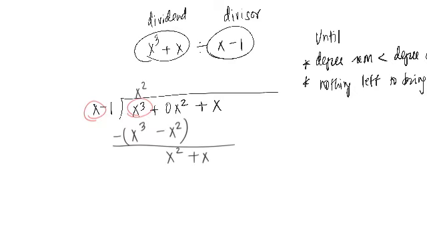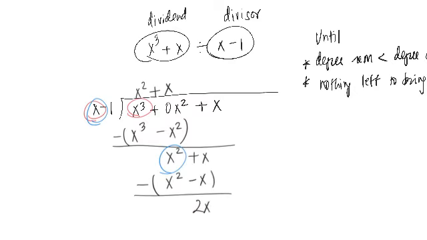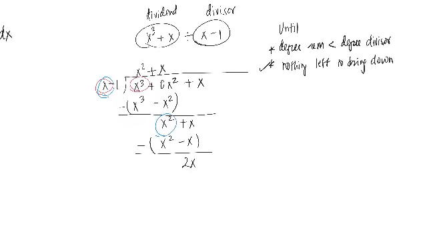Then divide, again, the front term by the front term, so we get x on top, multiply, which we get like that, and then subtract, so we get 2x, right? And there's nothing left to bring down. However, the degree of the remainder, which is down here, right, is not less than the degree of the divisor. So I have to keep going.